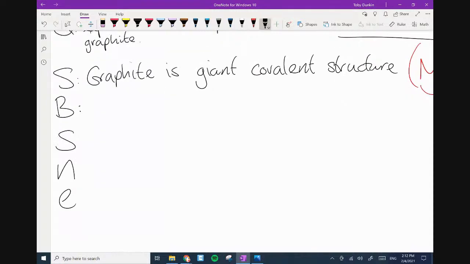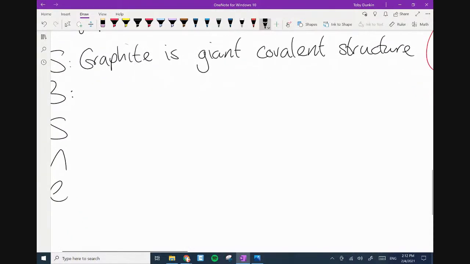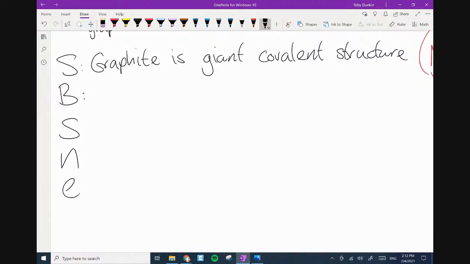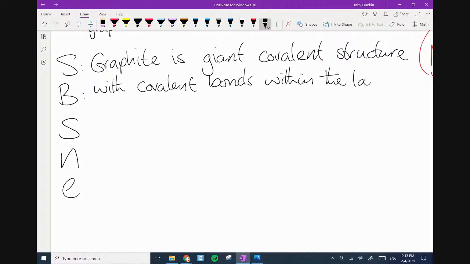Right. Now, this is where graphite gets tricky, because graphite has two types of bonds. We have to say graphite is a giant covalent structure with covalent bonds, the electrostatic attraction between the shared pair of electrons and the two nuclei, with covalent bonds within the layers, and weak intermolecular forces between the layers.